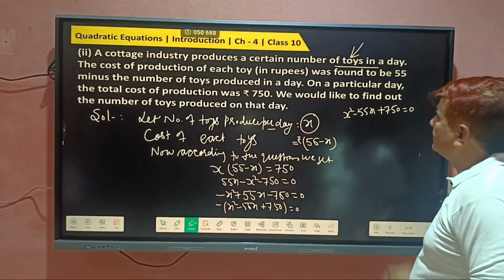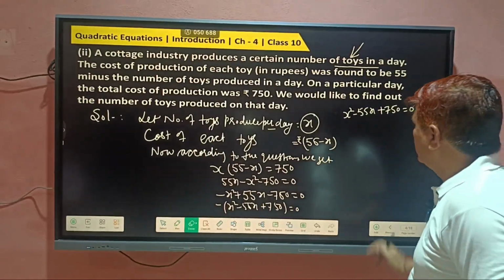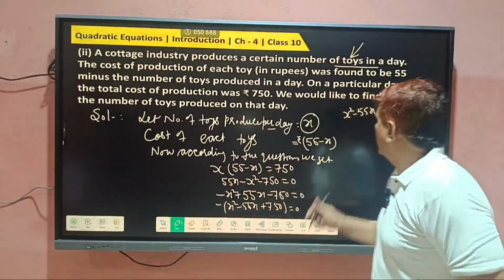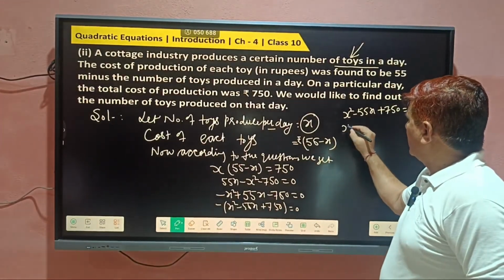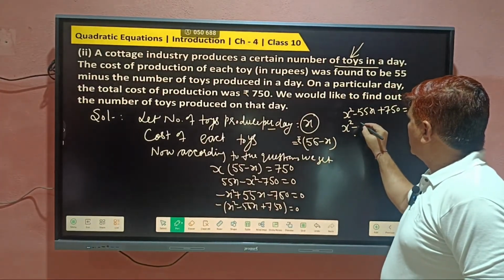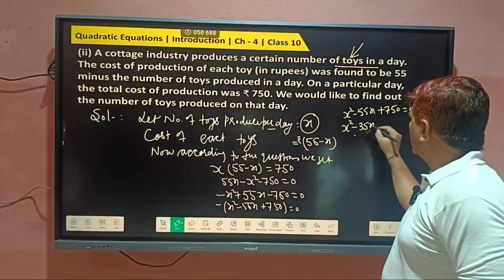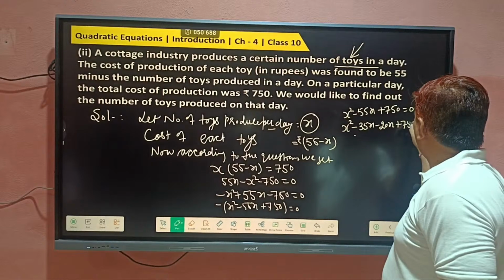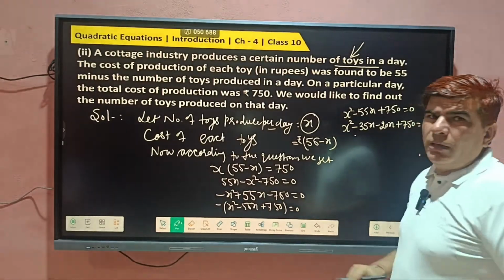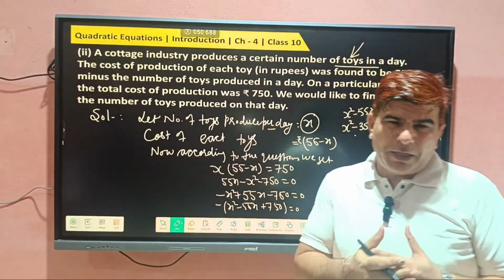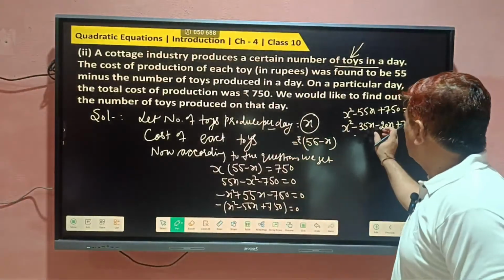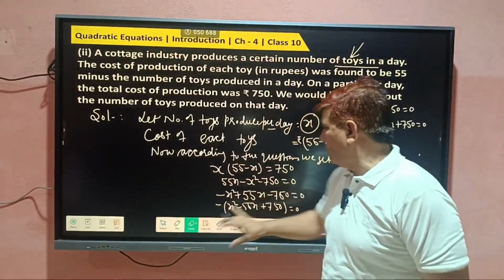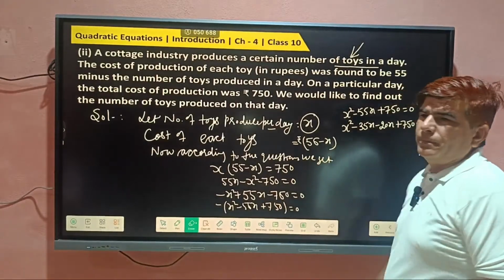So look here. Again I am telling you what I can apply. Look here: x square minus 35x minus 20x plus 750. In this question, in splitting the middle term, this is important; the remaining is not important, you can solve it easily.